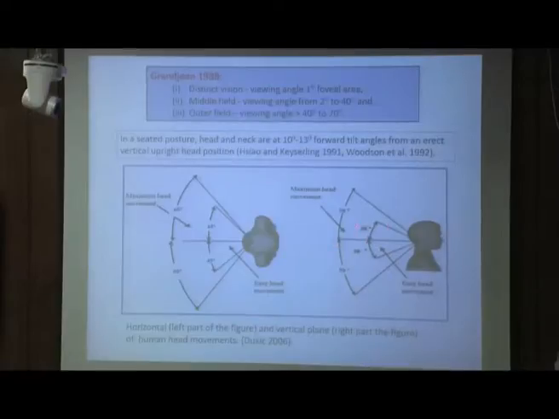Here is the information regarding the range of head movement. In the horizontal plane, the neck can move 45 degree sidewise for easy head movement, and maximum head movement is 60 degree sidewise. Similarly, vertically, easy head movement is 30 degree up and down, and maximum head movement is 50 degree up and down.